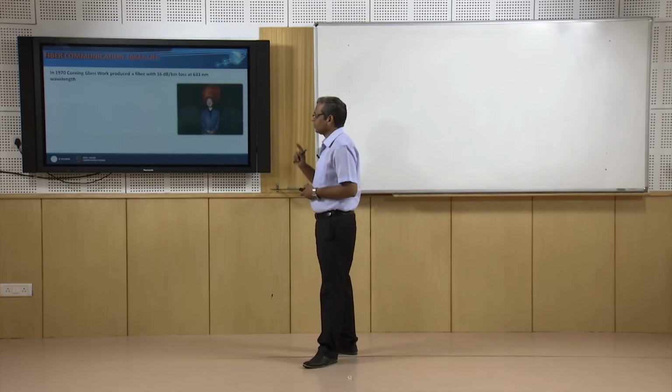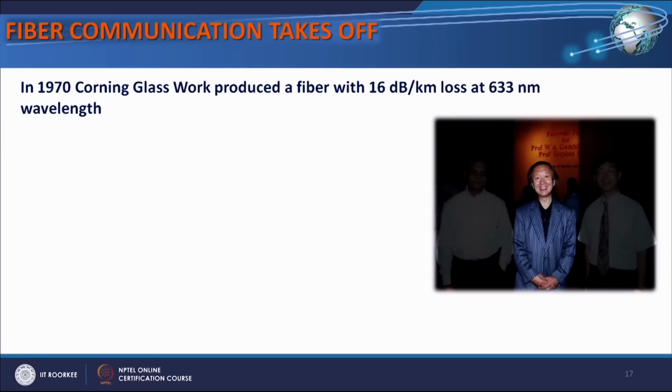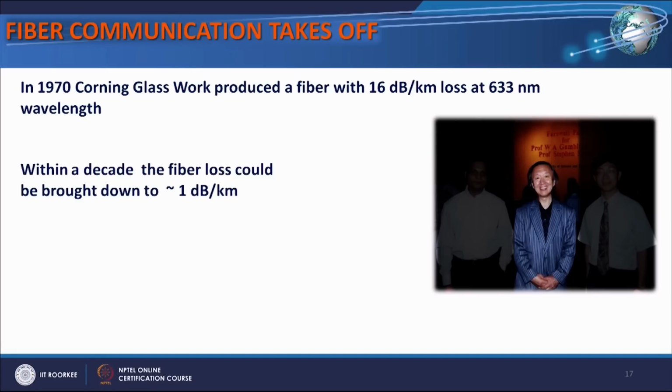And then there was another revolution. In 1970, Corning Glass Works produced a fiber with 16 dB per kilometer loss at 633 nanometer wavelength. And within a decade the fiber loss could be brought down to about 1 dB per kilometer, and it was just the beginning.